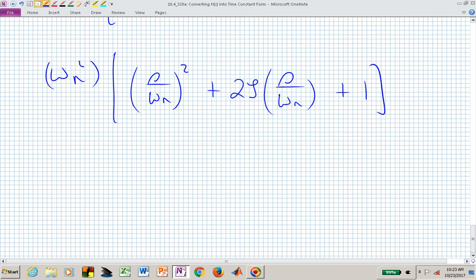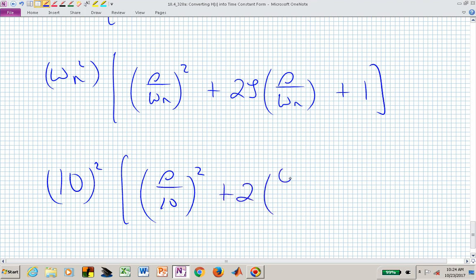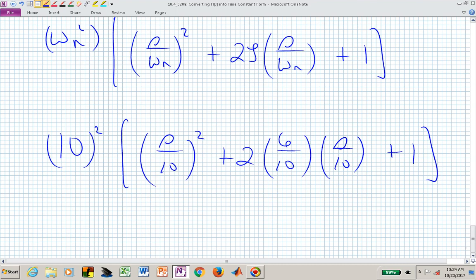Or in our particular case, we ended up with 10 squared, or 100. Then we have s over 10 squared plus 2, and zeta, remember, was 0.6, or 6 over 10. It was the real part over the hypotenuse, or the real part over the natural frequency. Then we have s over 10 plus 1. And that's now our quadratic factor.